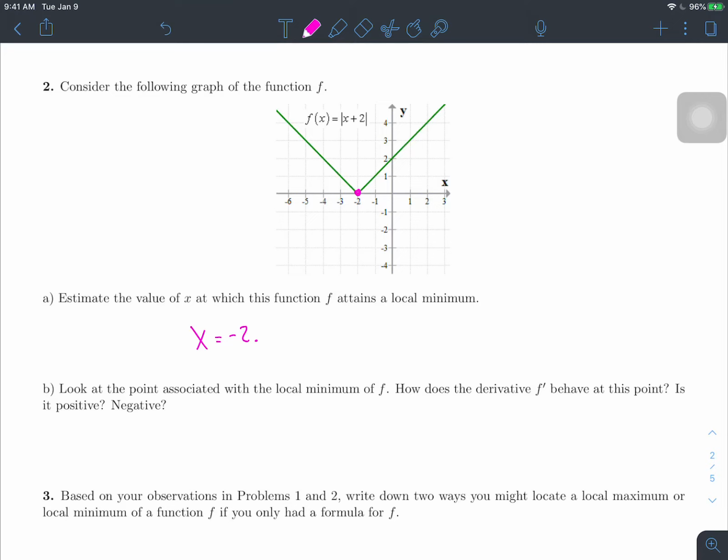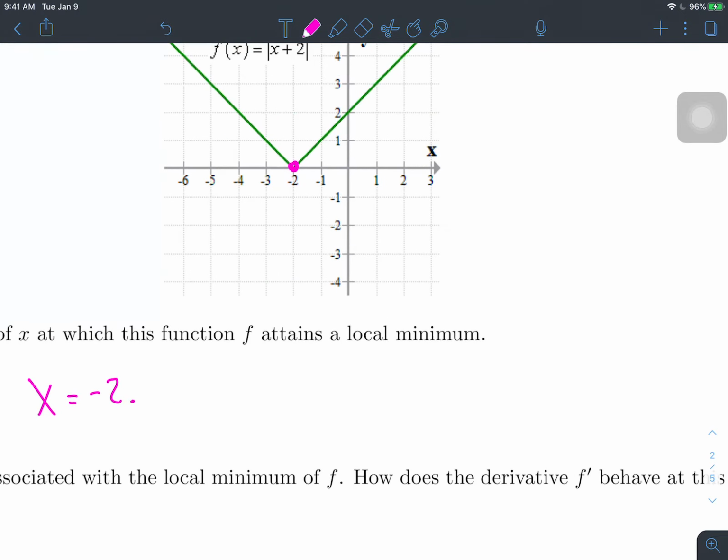What do we think? Should the derivative be 0 at that point? If I were to draw a line which comes in and touches our graph of our function at exactly this point and no other points, what might it look like? Yeah, Kevin? It could look like anything.